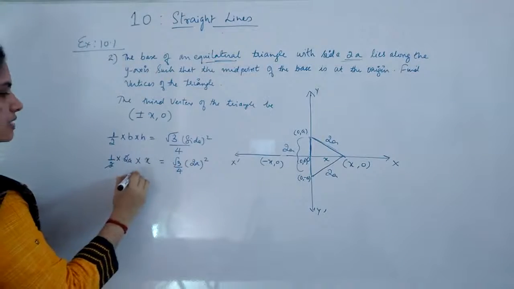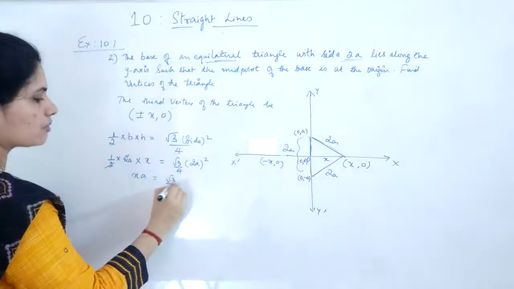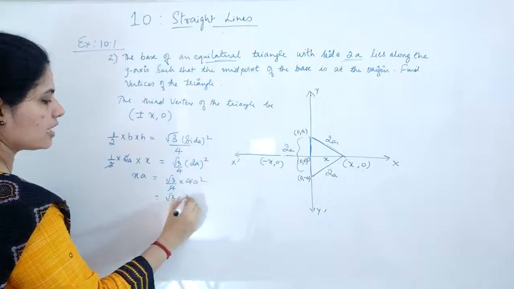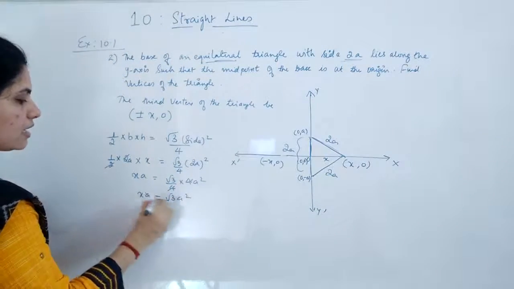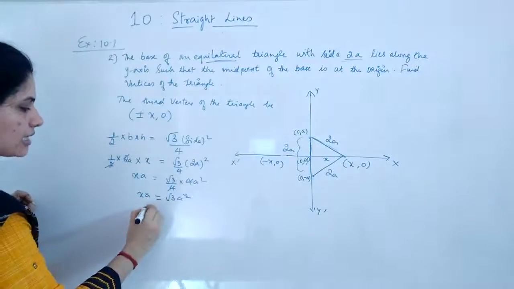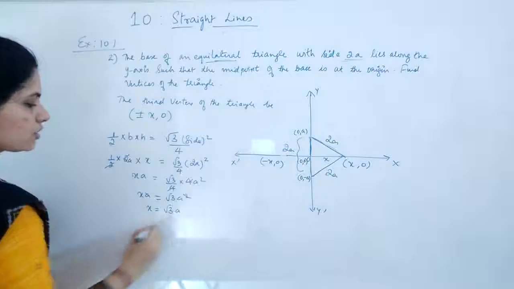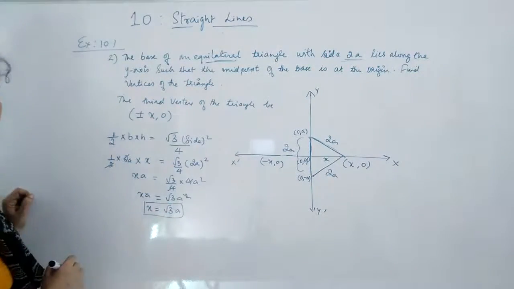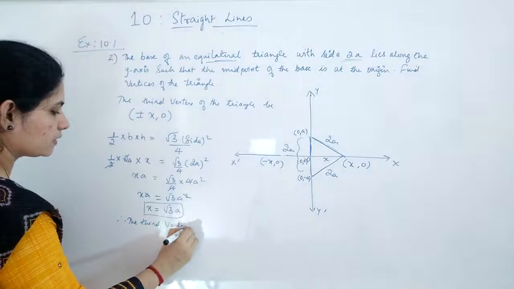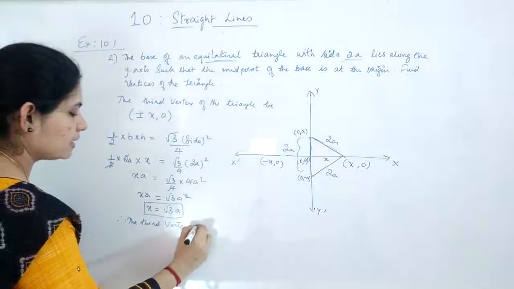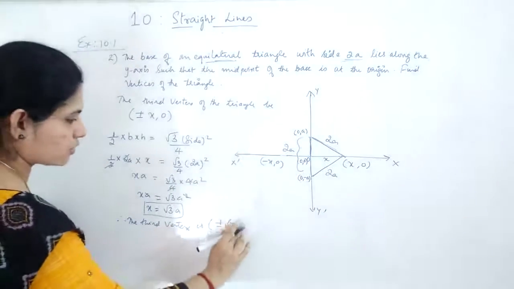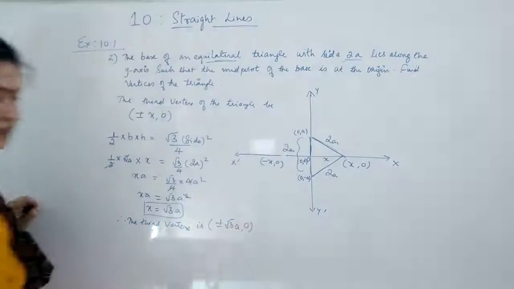So this gets cancelled, and you are getting x into a equal to root 3 by 4 into 4a squared, so that it is root 3 a squared. x into a is root 3 a squared. The a gets cancelled, a cannot be 0 because it has a certain length. So you are getting x equal to root 3 a. So when x is root 3 a, the third vertex will be (±root 3 a, 0).